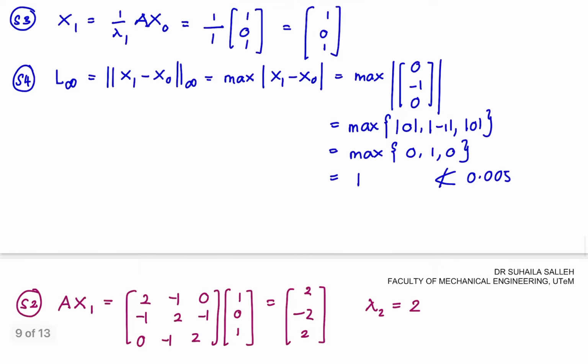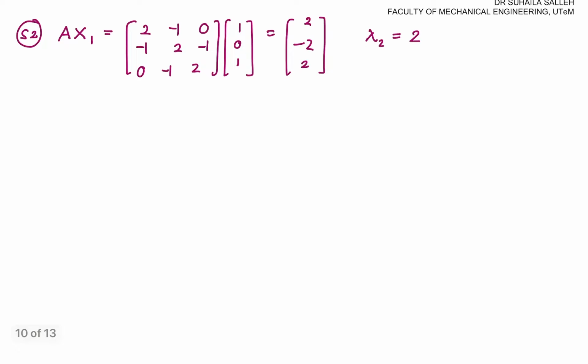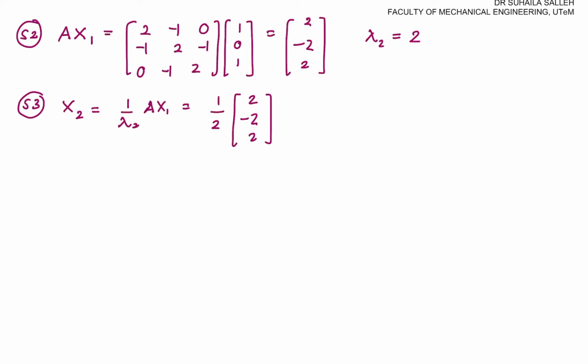So we go to step 3, approximating x2, the next iteration. The formula is 1 over lambda 2 times A x1. Lambda 2 has already been calculated in step 2: 1 over 2. A x1 is 2, minus 2, 2. This gives 1, minus 1, 1. Can we stop here?